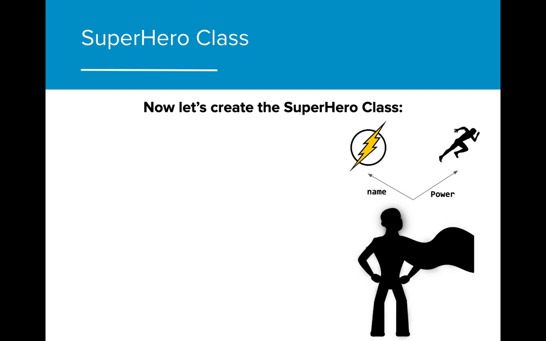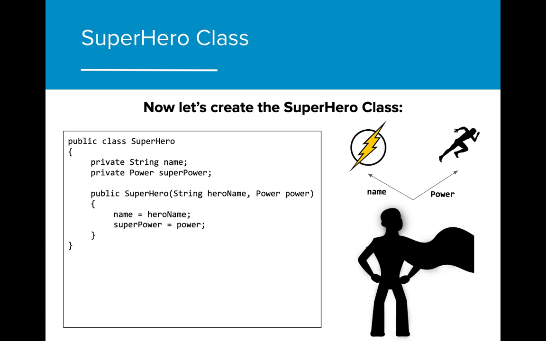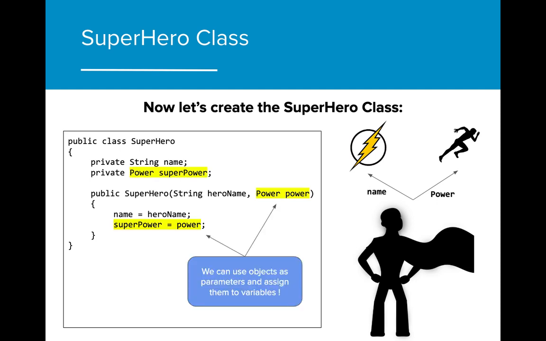Now that we have a working power class, let's take a stab at building the superhero class. Before moving on, can you figure out the implementation? Here is a working implementation of the superhero class. Notice that we have two instance variables, name and power. The constructor also has two parameters that allow the user to input the hero name and the power. It's important to note that one of the parameters and instance variables in this program are objects.